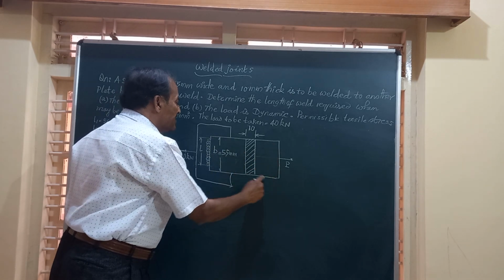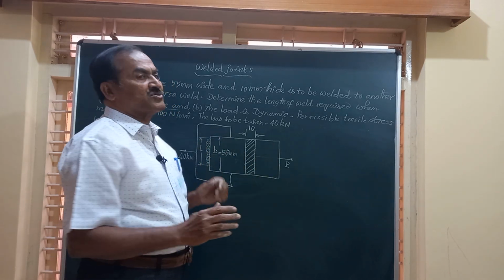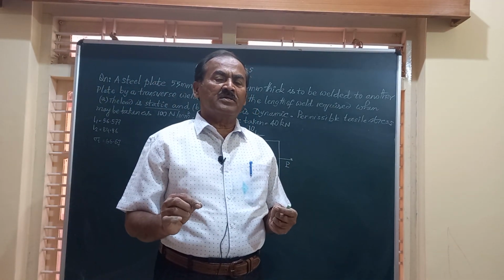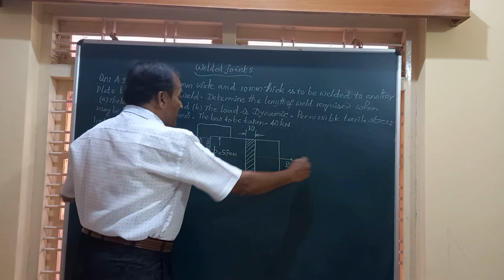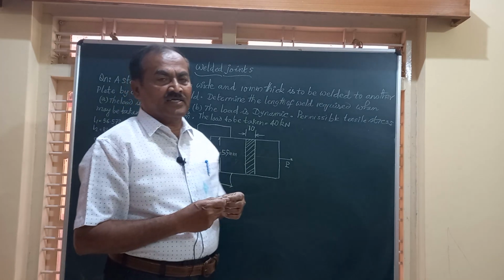This is a plate which is to be welded to the second plate here by transverse weld. Friends, when you say transverse weld, it is a weld which is done normal to the load axis. This load is acting perpendicular to the weld.